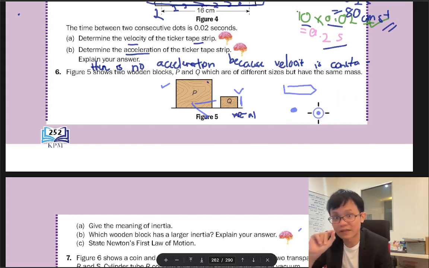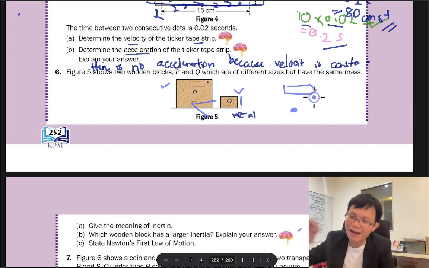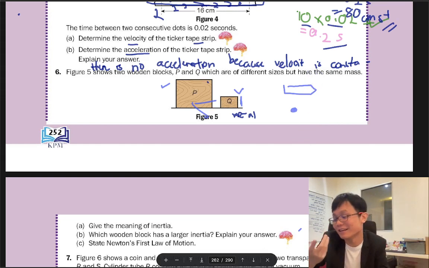If you get even smaller like a bullet and you throw, people block, people die lah. Even though the mass is very small, the surface area is even smaller, so it can create more impact. So of course blocking Q is more painful than blocking P because of the surface area.